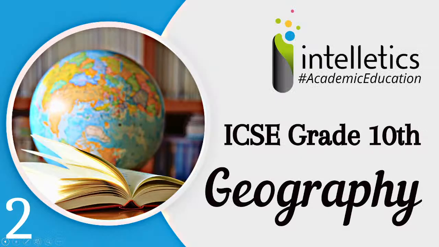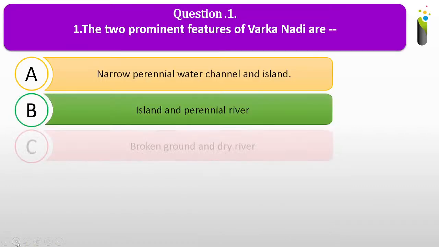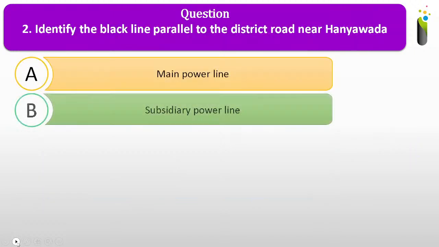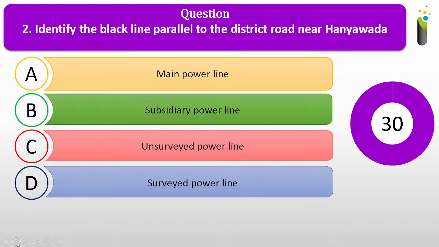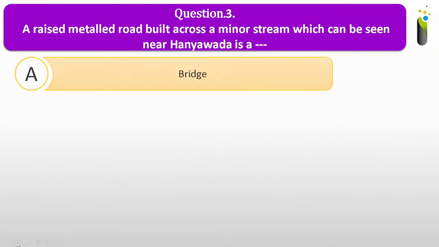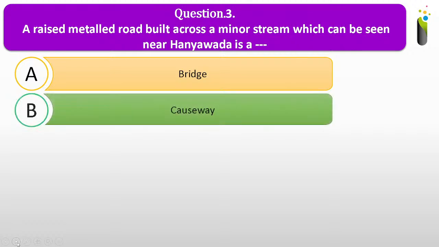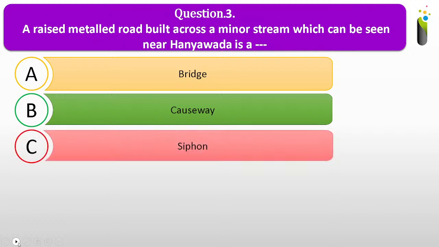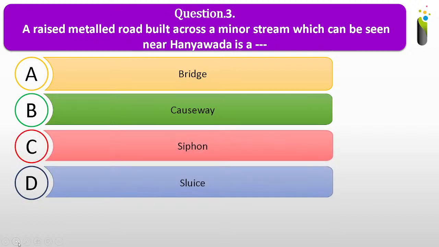We go back to the question. Your options are A, bridge, B, causeway, C, siphon, D, sluice.